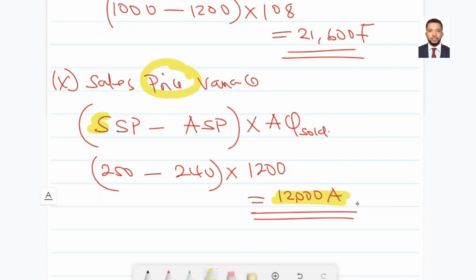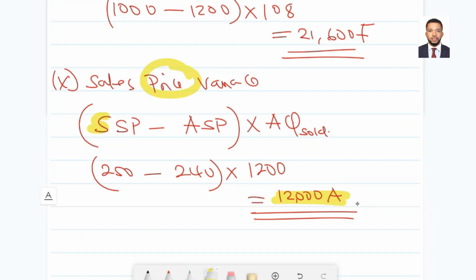All right, so we are done. The other thing we just talk about briefly. Any problem? What is this? Standard selling price. What does it mean?